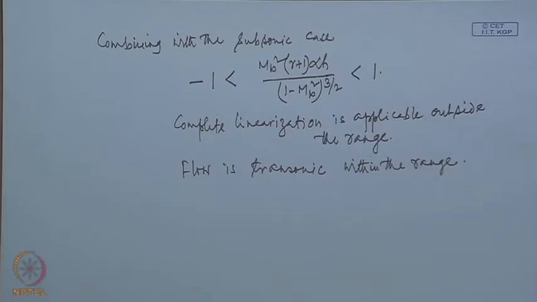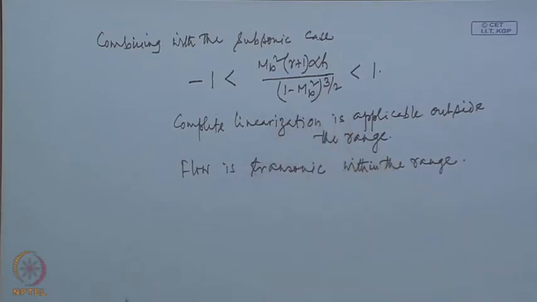And as you can see, the parameter alpha h can be related to the maximum slope of the body.